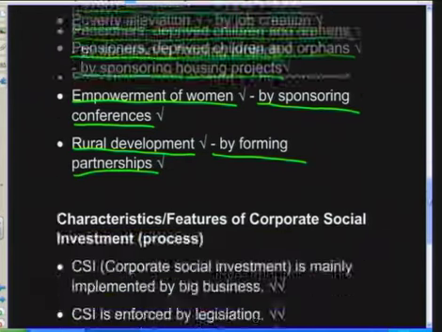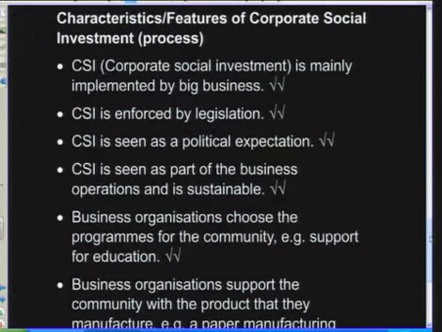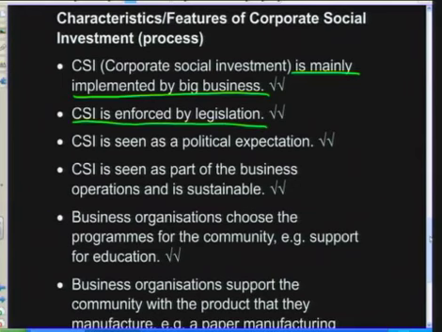So let's look at the characteristics and features of corporate social investment. Corporate social investment is mainly implemented by big business, because they've got a lot of money. Corporate social investment is enforced by legislation. CSI is seen as a political expectation, and CSI is seen as part of the business operations and is sustainable.